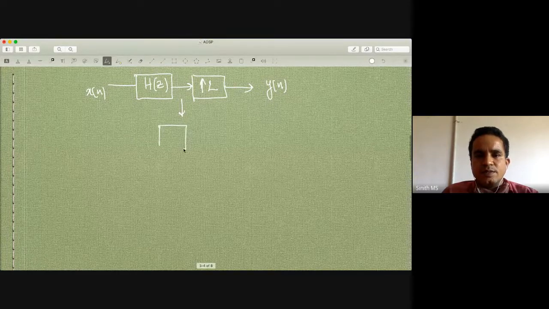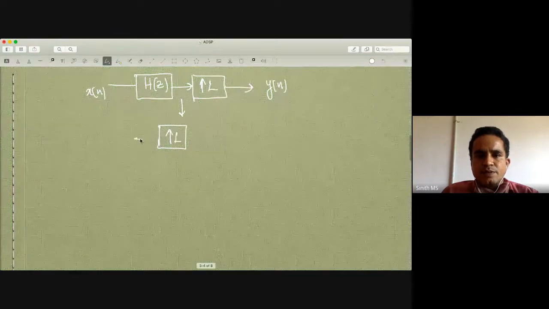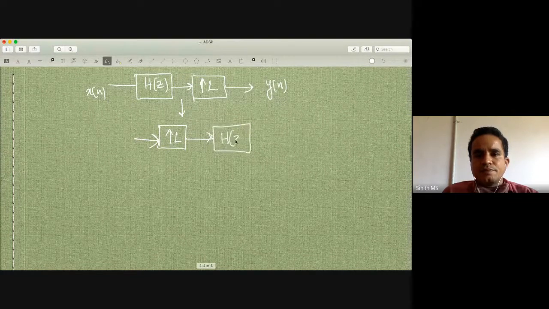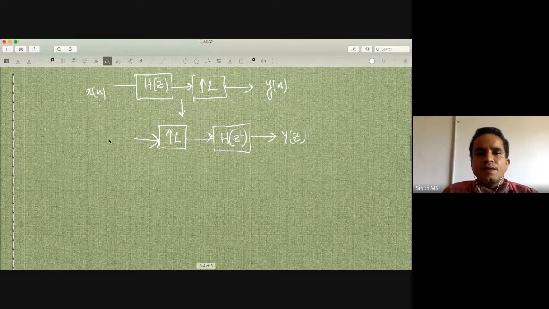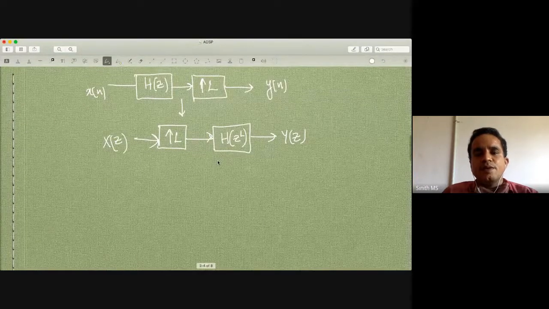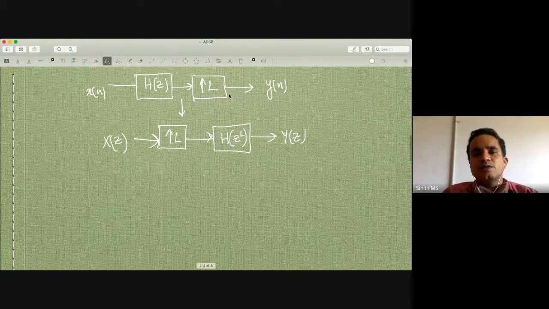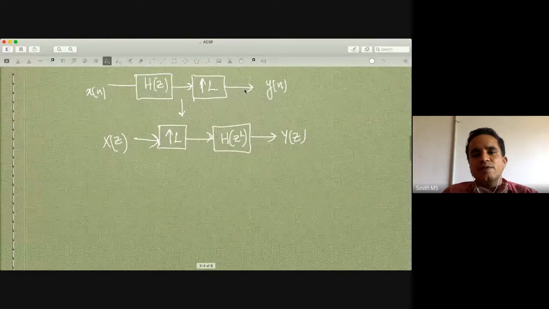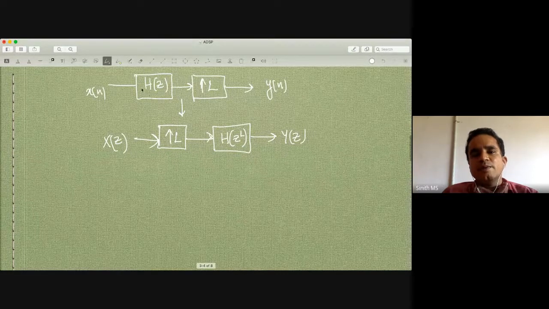So this is same as an upsampler first, then a filter H(z^L). So this will be Y(z), this X(z). Whenever you pass it through an upsampler, z becomes z raised to L. If you pass it through a downsampler, z becomes z raised to 1/L. Or if you have H(z) on the other side, when you do downsampling, it becomes H(z^M).